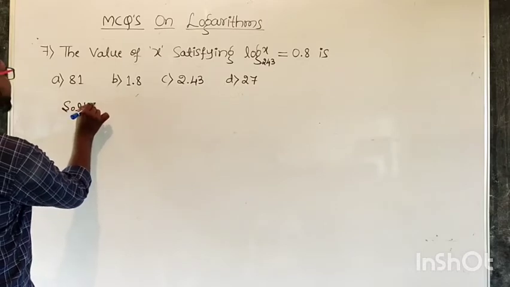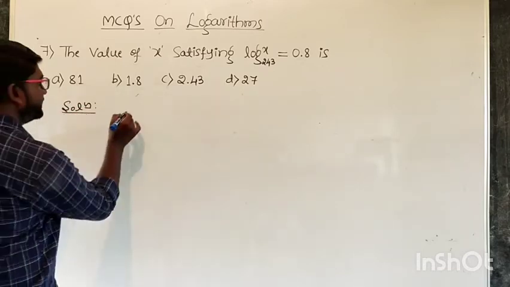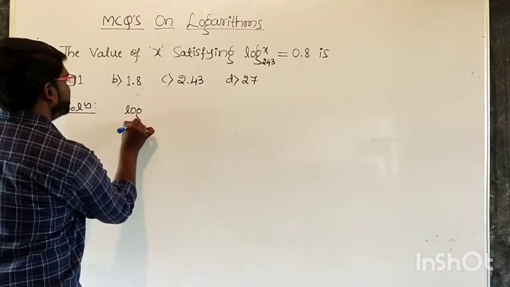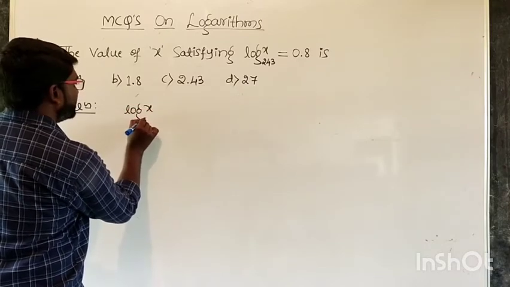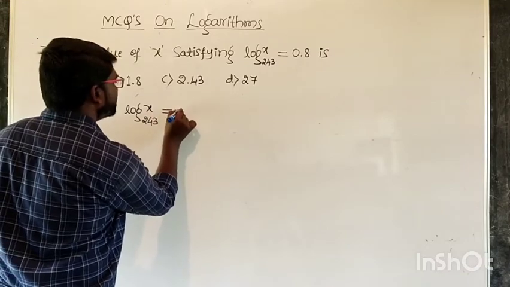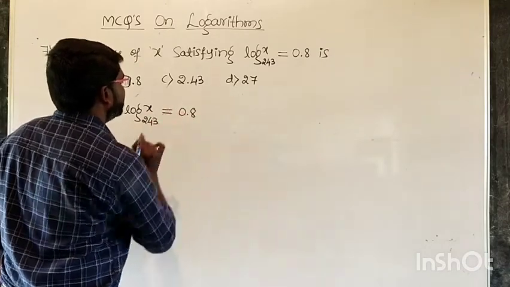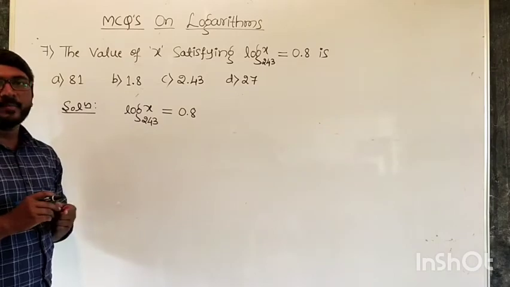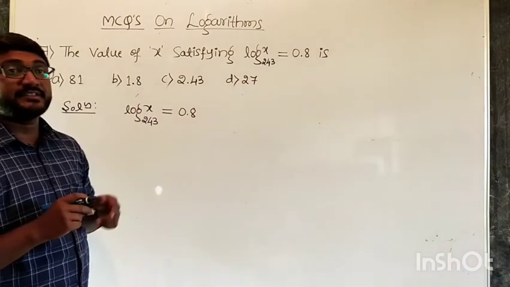So write the given logarithmic function as it is: log x to the base 243 equal to 0.8. Now this is in the logarithmic form and we have to write this in the exponential form.